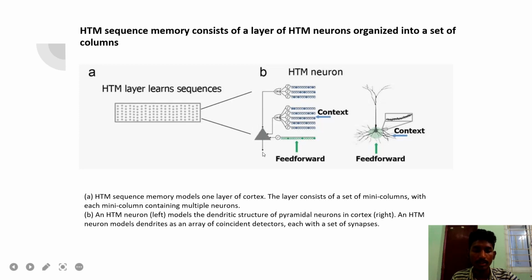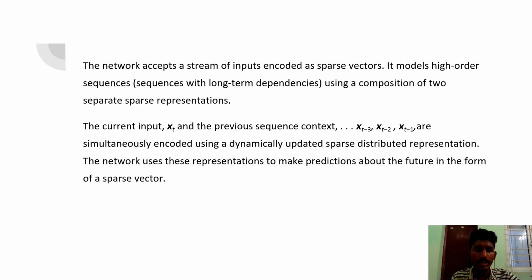Here on the left, an HTM neuron models the dendritic structure of pyramidal neurons in cortex. Here you can see on the right side, an HTM neuron models dendrites as an array of coincidence detectors, each with a set of synapses.